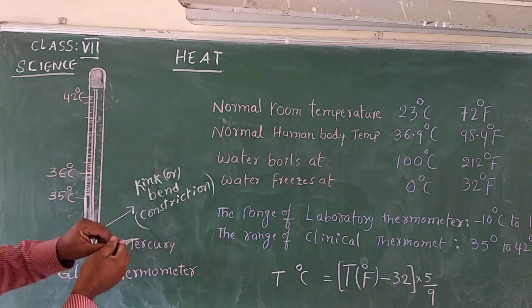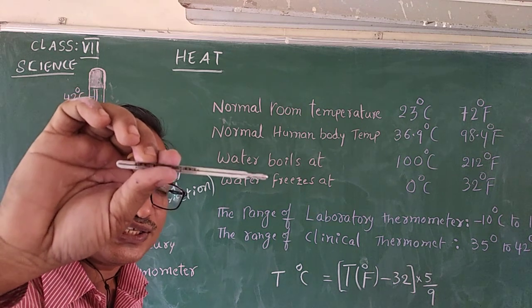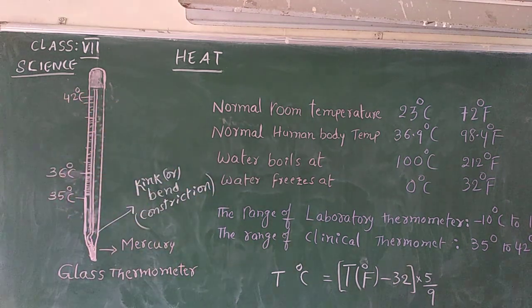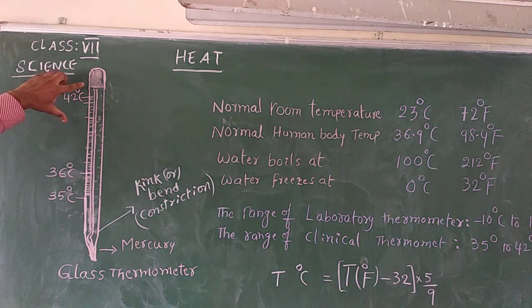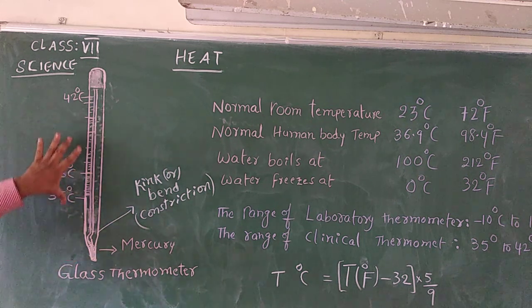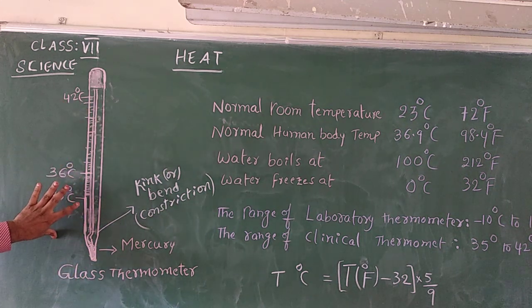Now it is very small to observe, so here I have drawn a diagram. See children, this is called a glass thermometer, especially a clinical thermometer. Why did I say a clinical thermometer?